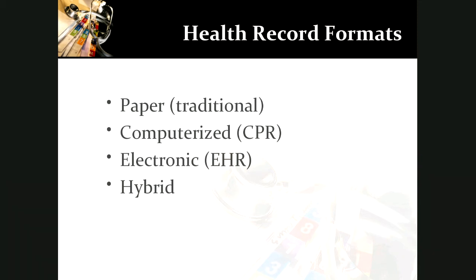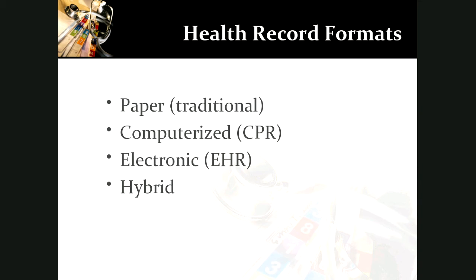We have paper, then we have computerized records, the CPR, and it used to be paper and it was scanned in. Then we have electronic health records that were never really paper, typed directly electronically into the system. And then we have a hybrid.